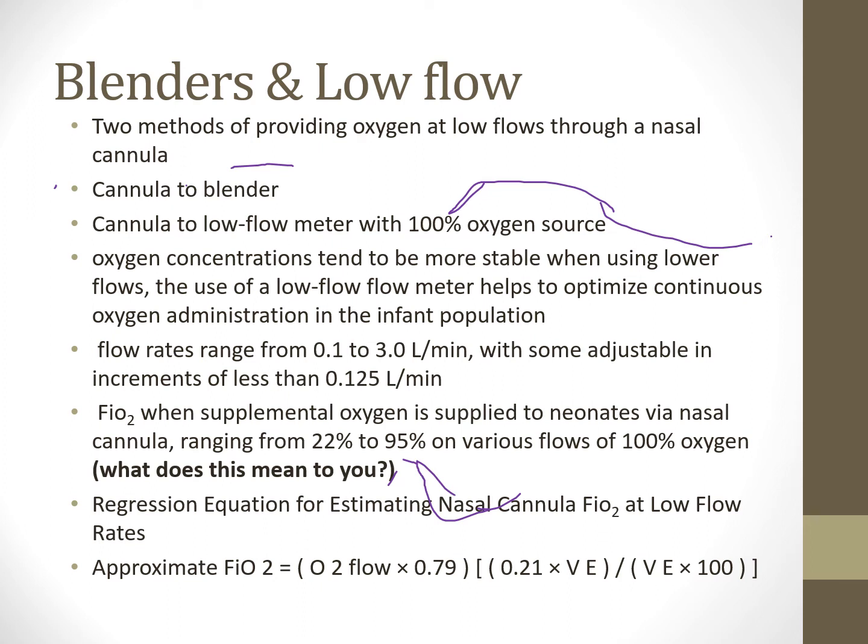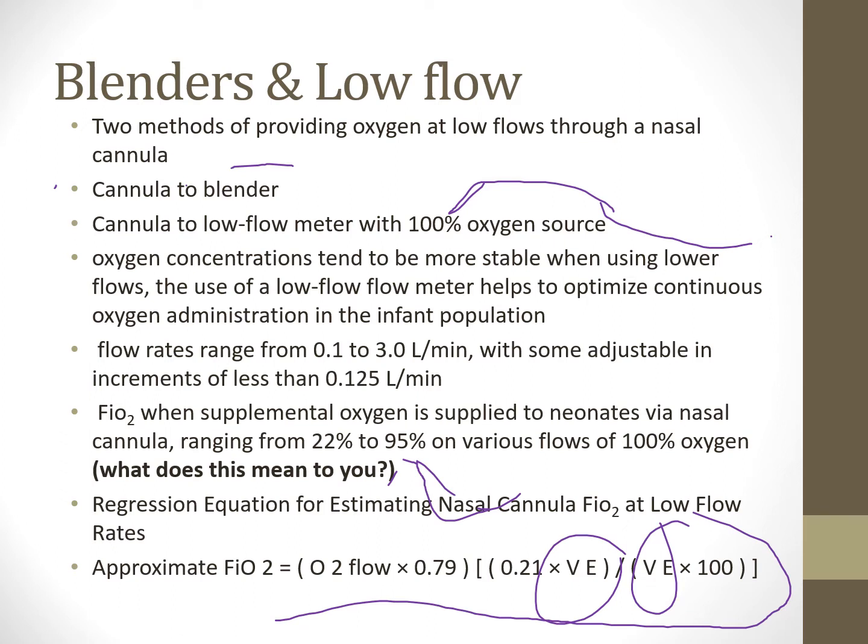There is an approximate FiO2 calculation here that I put in there for fun. I won't expect you to recall that, but I think it's kind of interesting to see all the factors that go into it, including minute ventilation, right? Minute ventilation is going to be one of your biggest ones. How fast that kid's breathing.